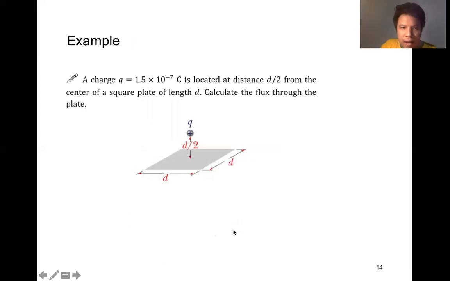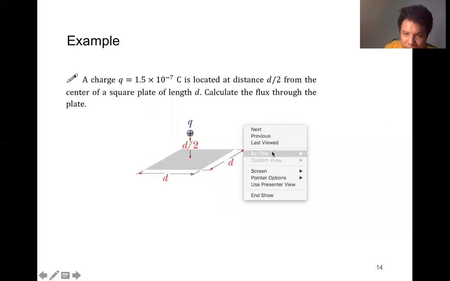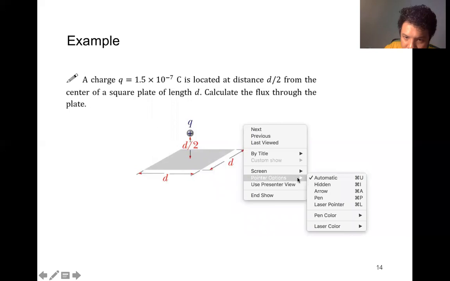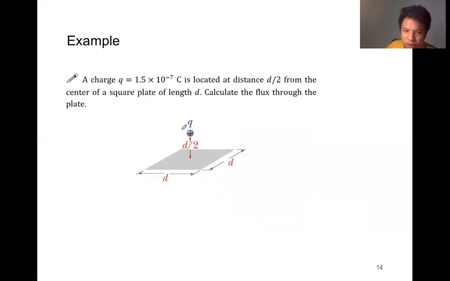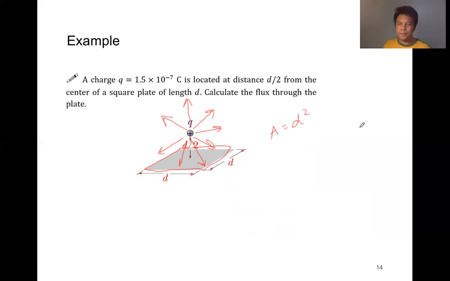Okay, and then this example is a little bit tricky. They want you to calculate the flux through the plate. So if we want to calculate the flux through the plate, we need to know that a positive charge Q will generate electric field E, and electric field E will pass through the area created by the square, so that the area will be d square.